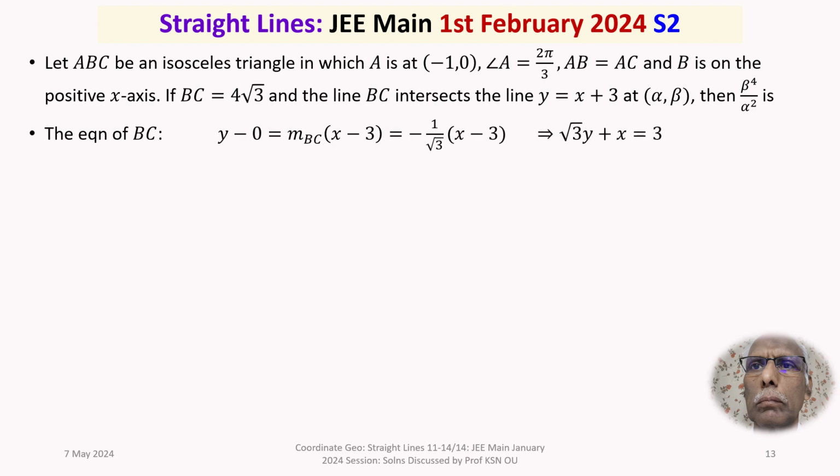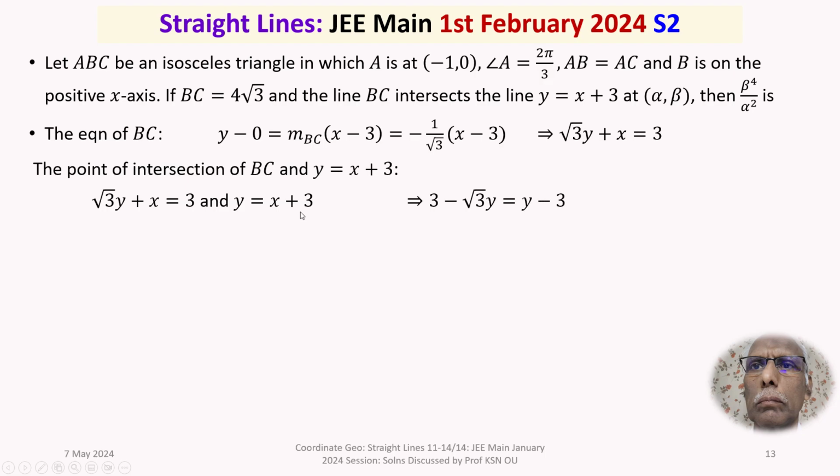We got the equation of BC now. Now, the point of intersection of this BC and y is equal to x plus 3 is given to be alpha comma beta. So take these two equations and solve for x and y. This first equation, second equation, and y is equal to x plus 3, substitute in the first equation. You will get y is equal to 6 by root 3 plus 1.